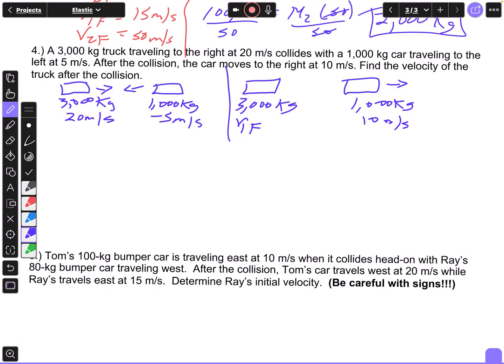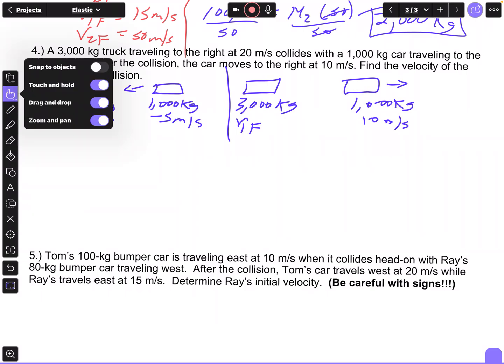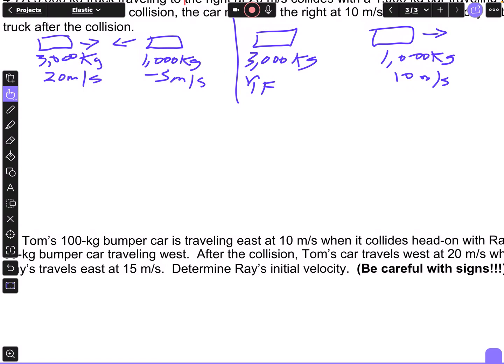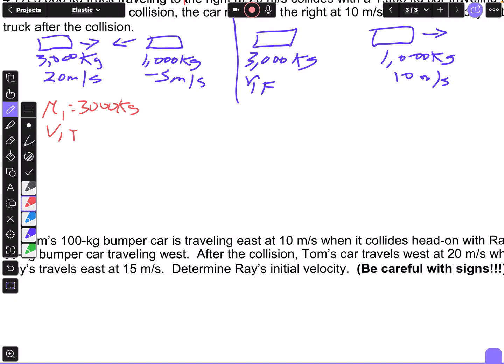So when I write down my unknowns and my givens, M1 equals 3,000 kilograms. V1I equals 20 meters per second.